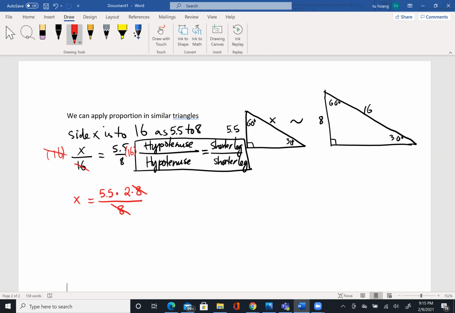And then 5.5 times 2 will be 11, right? Easily. So now you have x equal to 11, which is the answer.